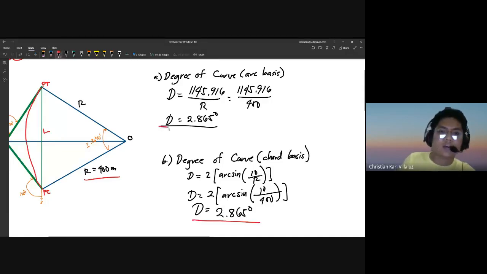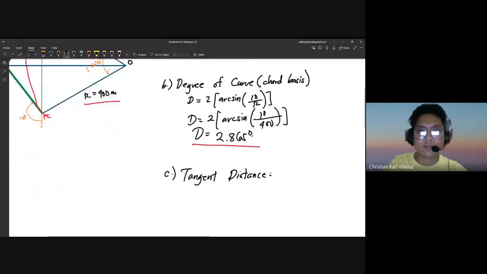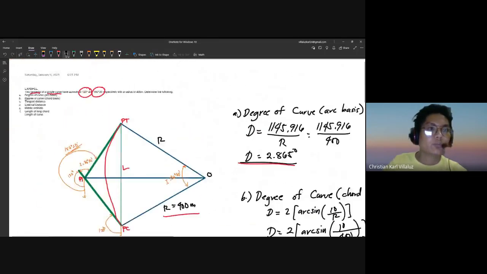So they are the same. But the degree of curve through arc basis and chord basis will not always be the same. So be careful in following the instruction or what is required in the problem as to which basis to use in determining the degree of curve, because it can affect your computation if there are other unknowns.